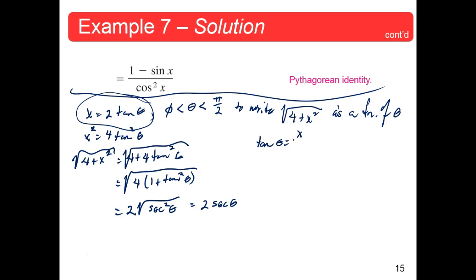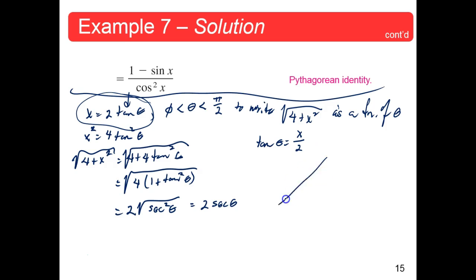X over 2. But how do we define tangent? Any old tangent. Sine over cosine. Okay, but let's do it in our old terms. The opposite over adjacent. Absolutely.